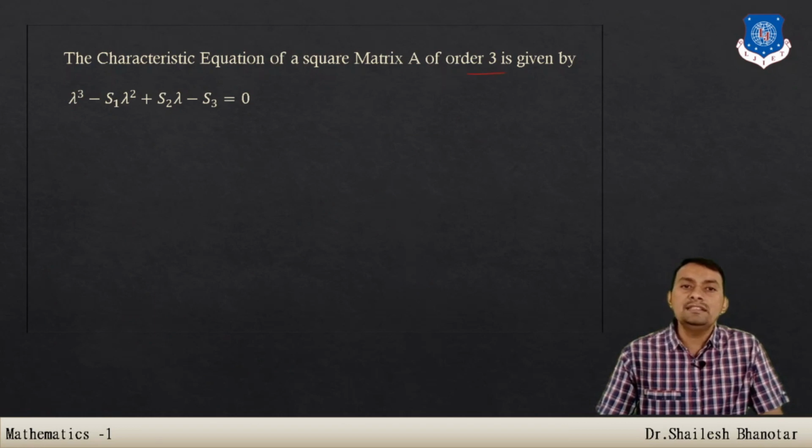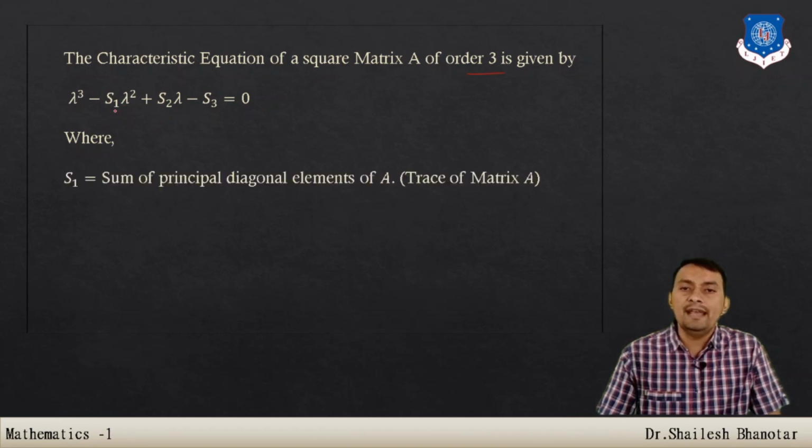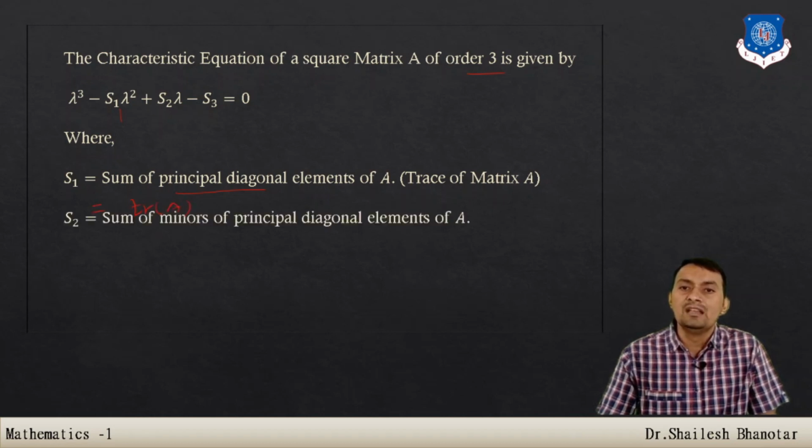Suppose we have order 3, in that case lambda cube minus S1 lambda square plus S2 lambda minus S3 is equal to 0. Here S1 is nothing but the sum of the principal diagonal elements, that is the trace of the matrix A. S2 is the sum of the minors of the principal diagonal elements.